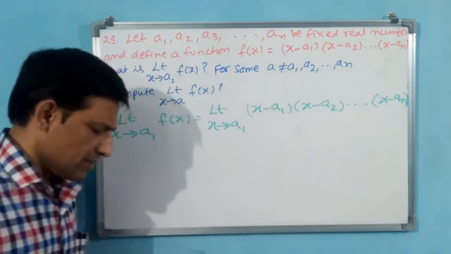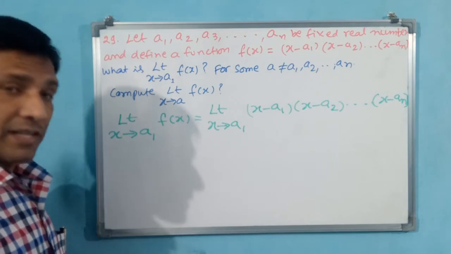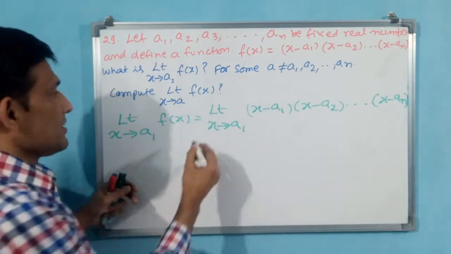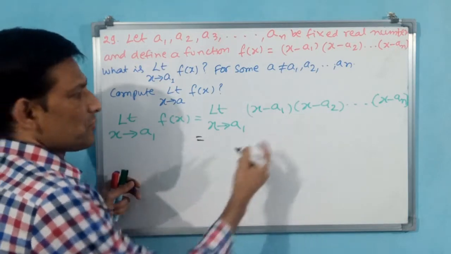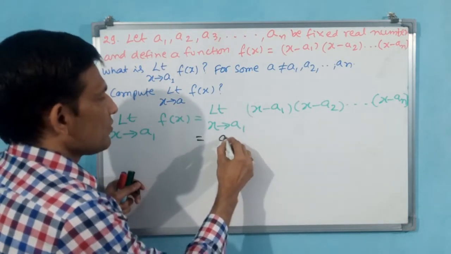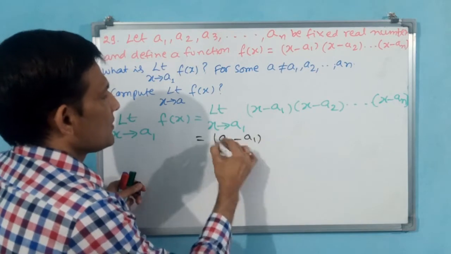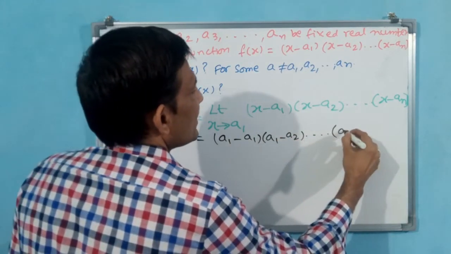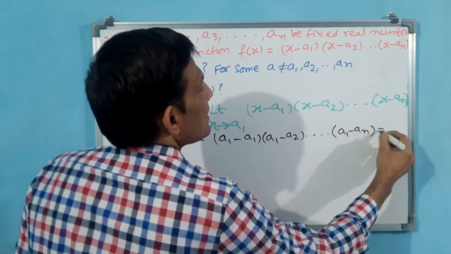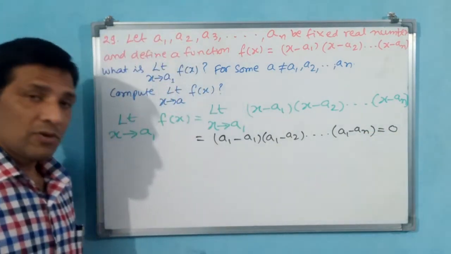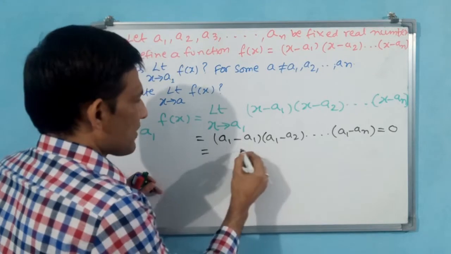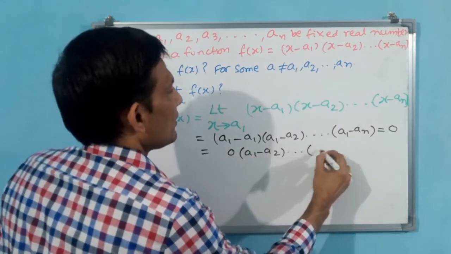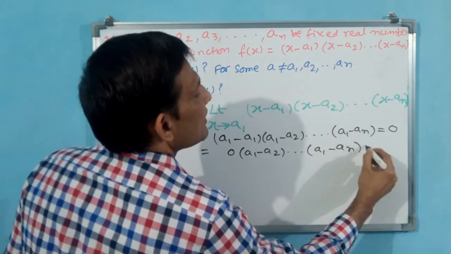Is it okay first? Okay, now you write that is equal to, now you substitute. See, in x place a1 has to go: a1 minus a1, a1 minus a2, a1 minus an, that is equal to 0. Why 0? Or else, in one step, another step I will write 0 into a1 minus a2, a1 minus an, that is equal to 0.